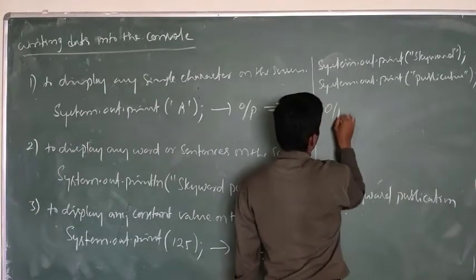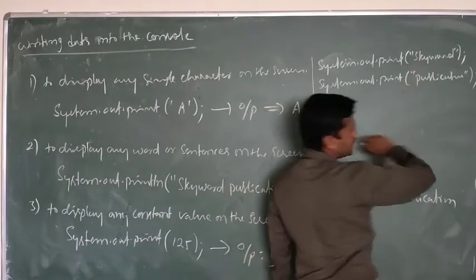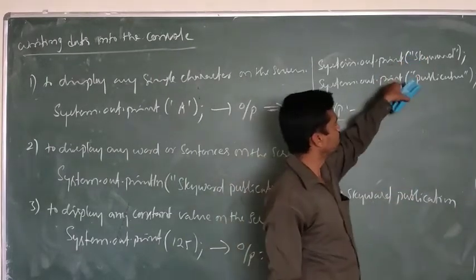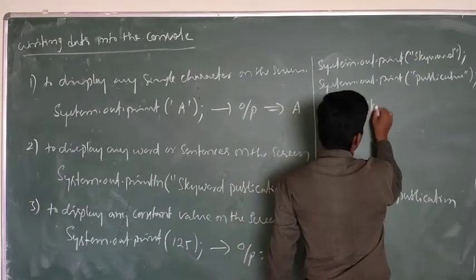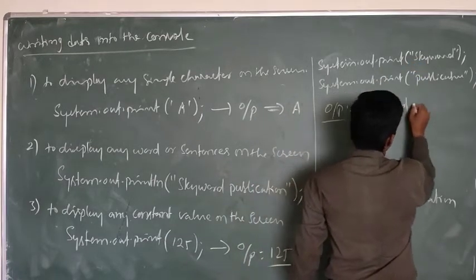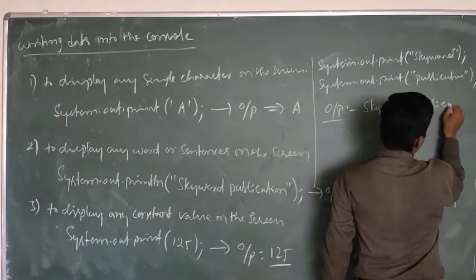Now what is the output for this? Both will be displayed in a single line, because we are using the print method. There is no new line for this. Both will be displayed in a single line: Skyward publication.